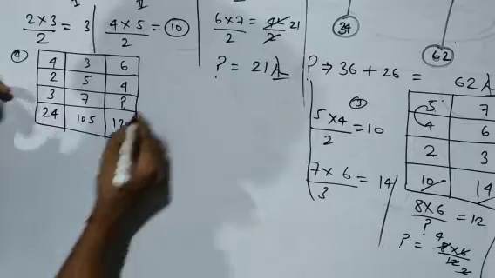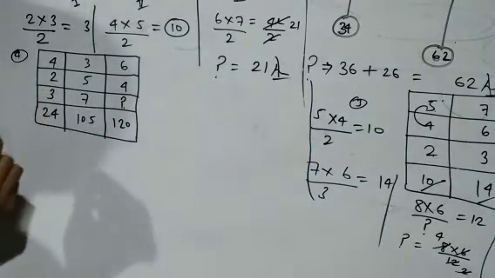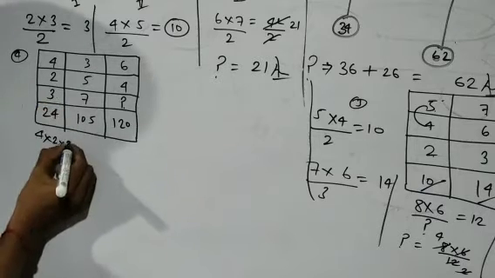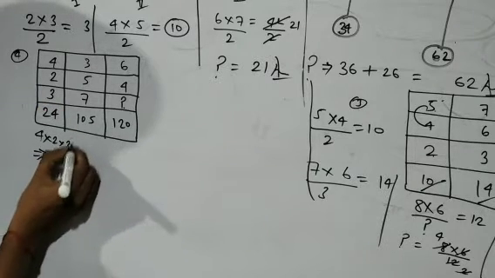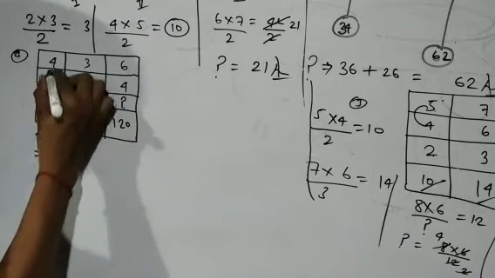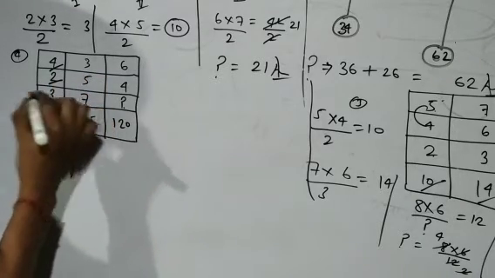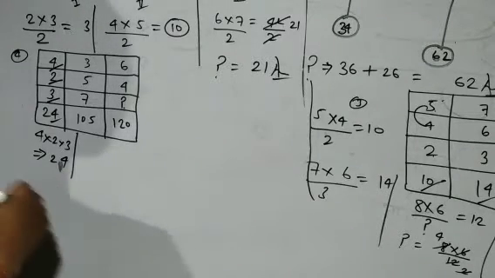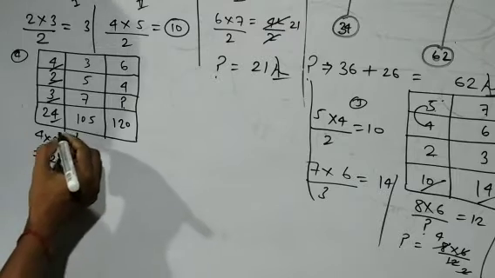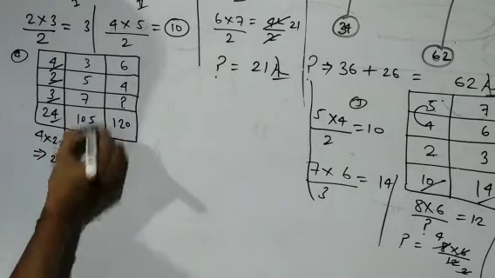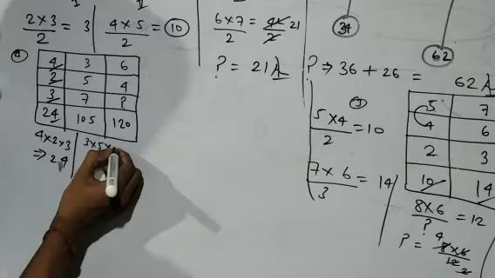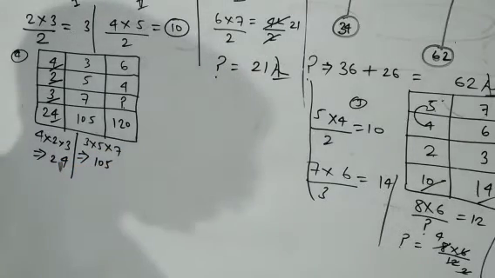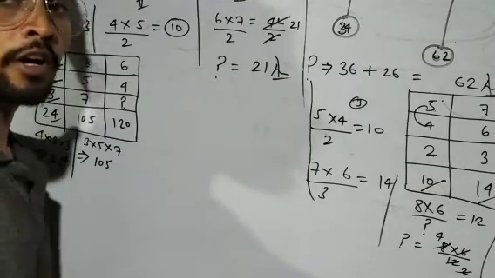According to the first column, 4 multiplied by 2 multiplied by 3 gives 24. I want to repeat the same process for the second column: 3 multiplied by 5 multiplied by 7 gives 105.